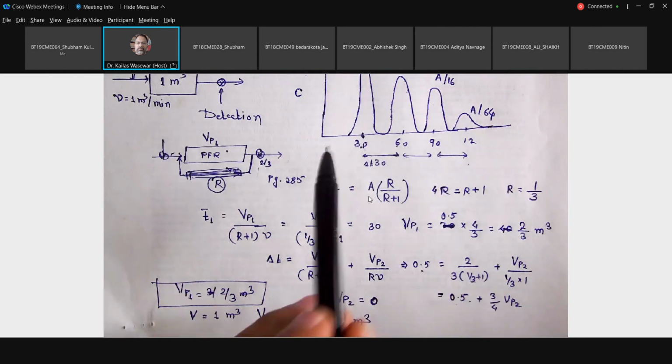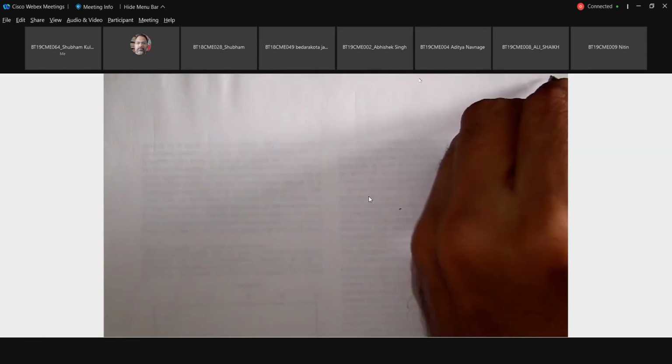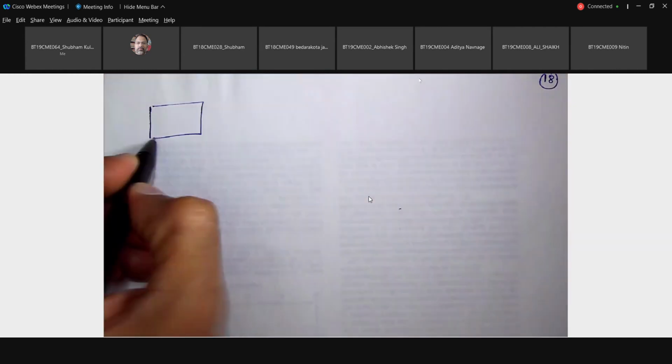So it is neither a perfectly plug flow nor a perfectly mixed flow reactor. Good. Now we can see one more example.